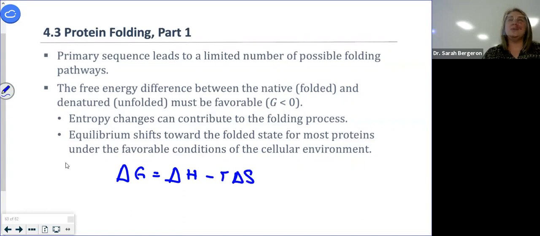So when you think about entropy, why would it be more favorable to fold a protein? If you fold a protein, what's happening to that disorder? You're getting less disorder. How is that favorable? Where do you see an increase in disorder when a protein folds?